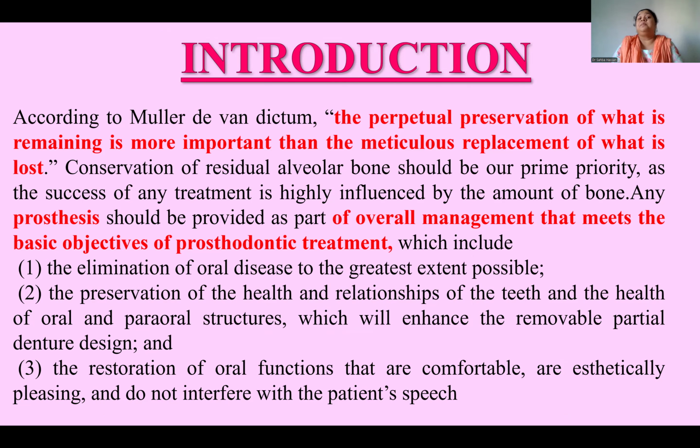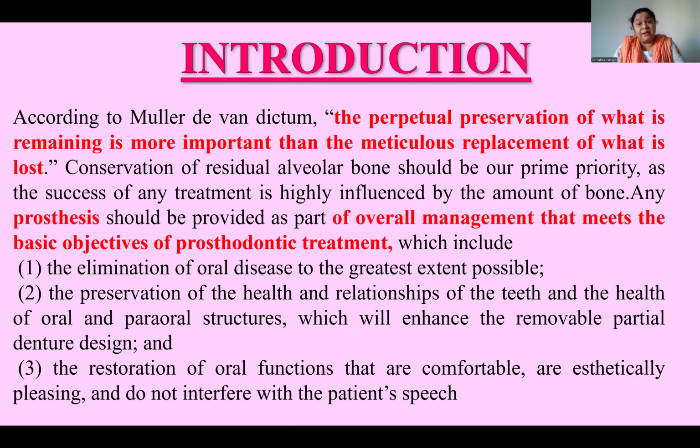In RPD, designing plays a very important role, where we should know where to place the abutment and the rest, because all this will be placed on the abutment tooth. Now, what is an abutment tooth? Whatever the edentulous space, the tooth next to that is the abutment tooth. Most of the things are placed on that, whatever your rest seat, and the designing when we give the major connector. That has to be kept in mind.